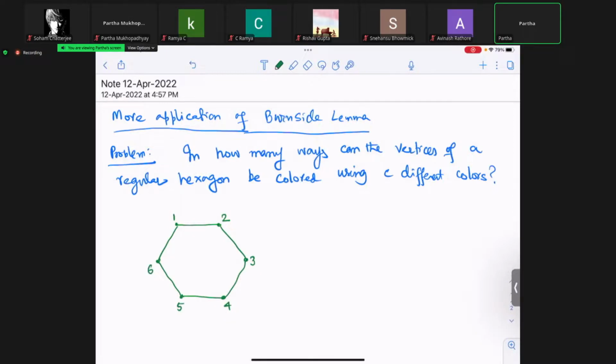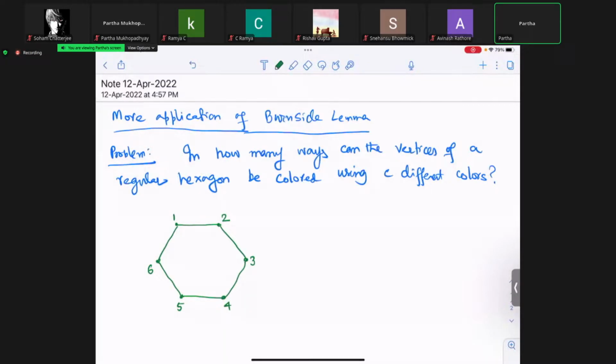I think you will do this kind of thing in your group theory course also. This group of symmetry should be a section in group theory. So here we will just highlight whatever we need for it.